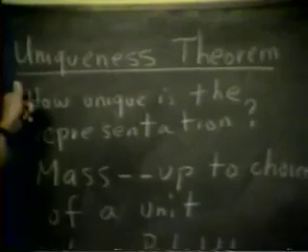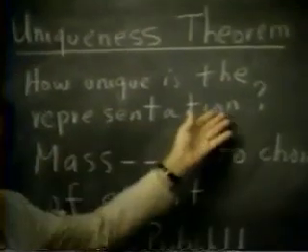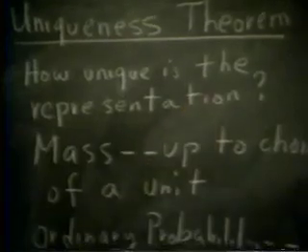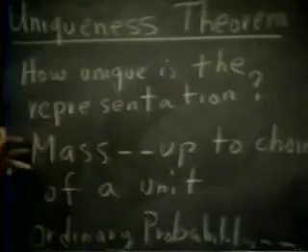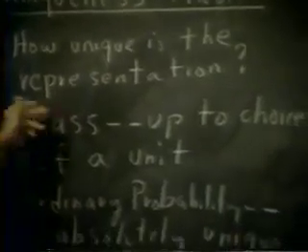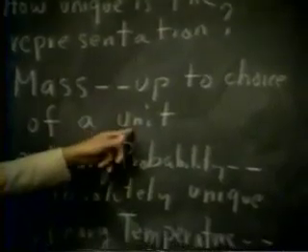It is natural to ask, especially in the case of measurement, how unique is the representation? Let's consider some classical and simple examples. In the case of mass, for example, the fundamental measurement of mass is unique up to choice of a unit.